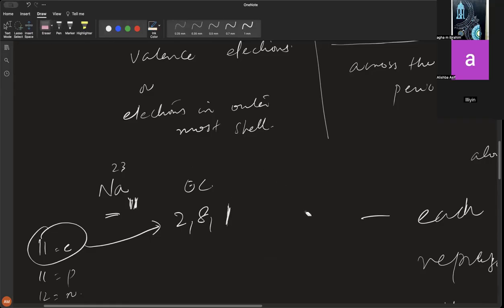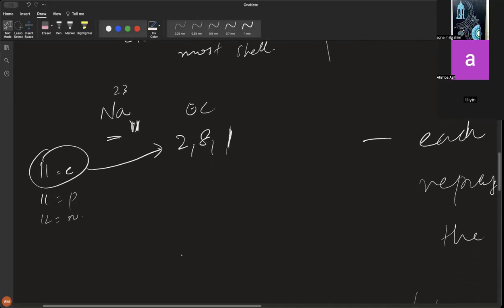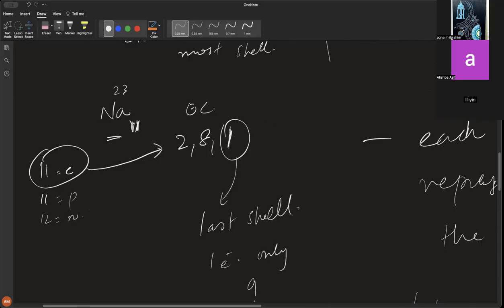Electronic configuration is always based on the number of electrons, whether it is for ions or for an atom. If you look at the last shell, how many electrons are there in it? One electron only. So it must be in group 1.